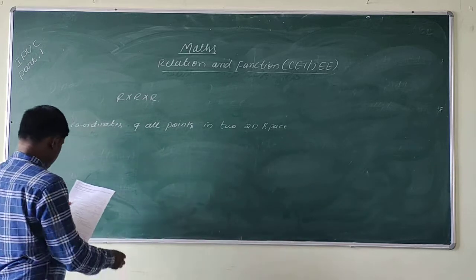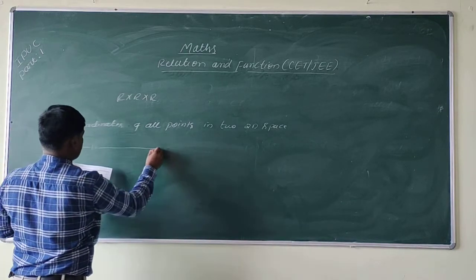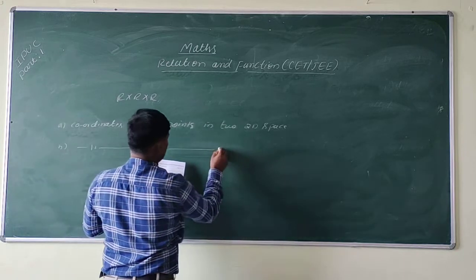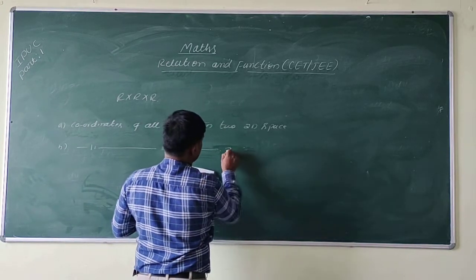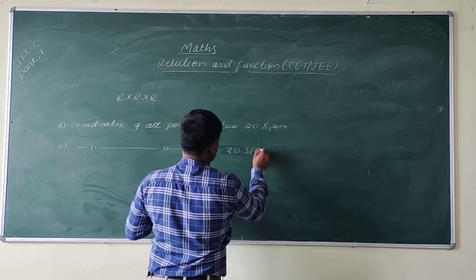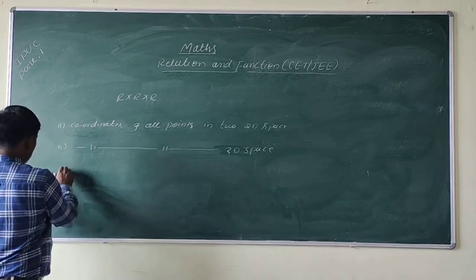Option B is coordinates of all points in three-dimensional space, and option C is both.